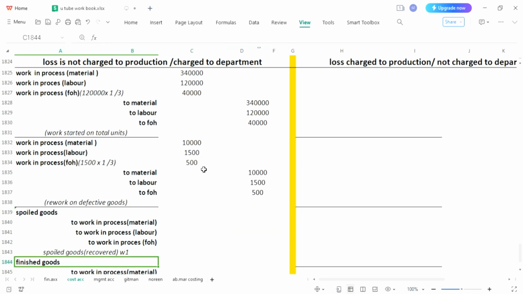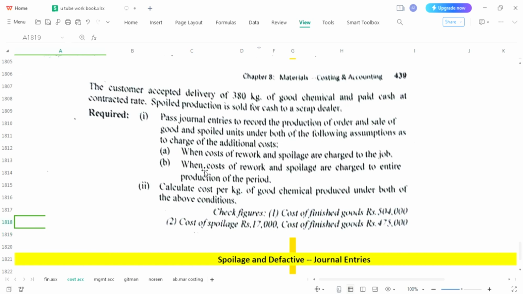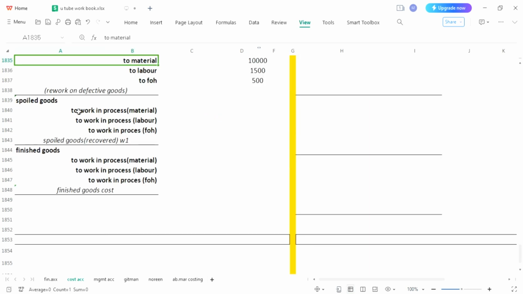It's time to see for spoiled recovery. For that you will come over here and you can see that on final inspection 20 kg chemical is categorized as spoiled. The spoiled production can be sold for 400. So formula for spoiled goods, as we know, is units which are spoiled, and you will multiply it with its sale price.